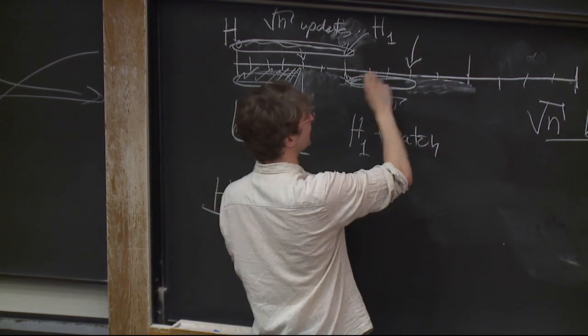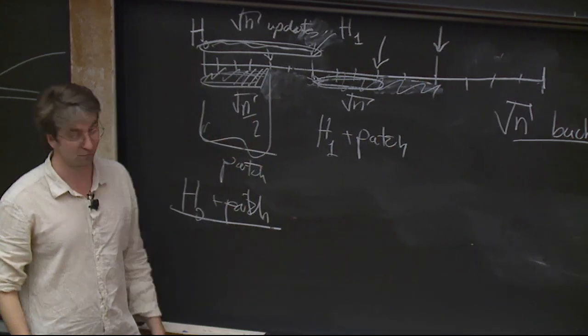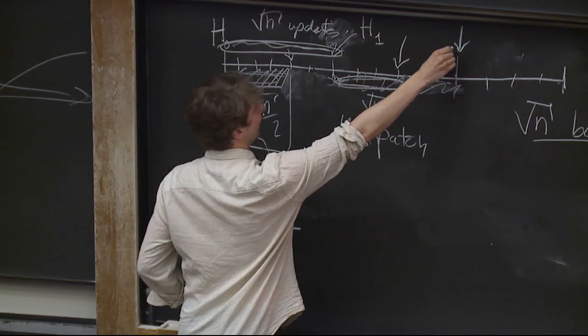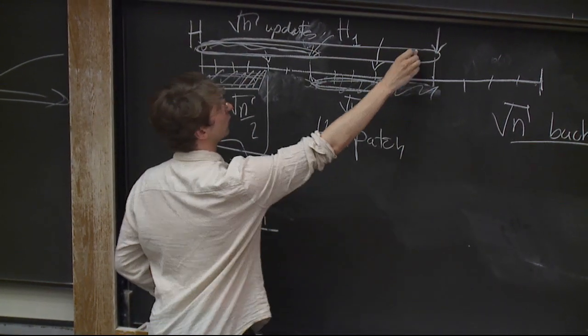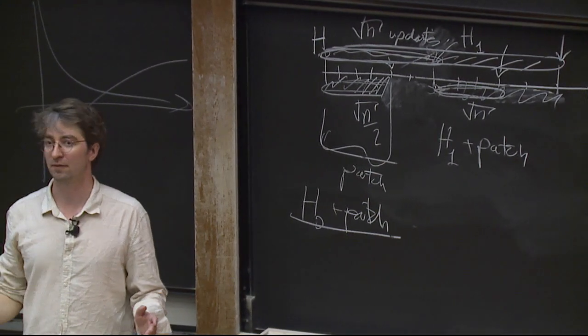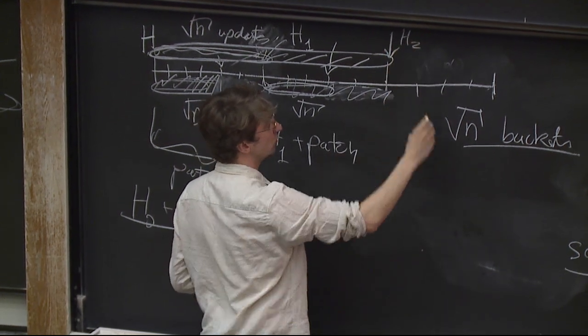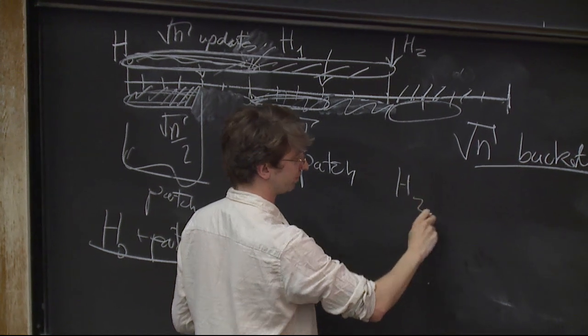So now when we get to the end of the second bucket, things get really interesting. We're going to look at everything that happened so far, and we're going to do a patch for everything that ever happened. Okay? So this will now be h2, and then inside this bucket, we're going to patch h2.